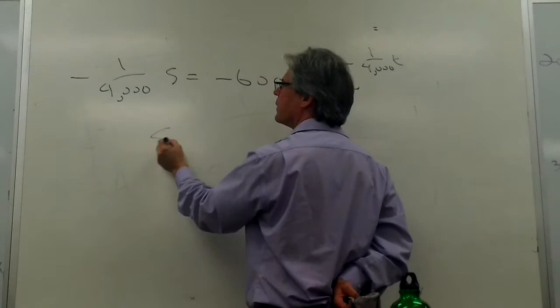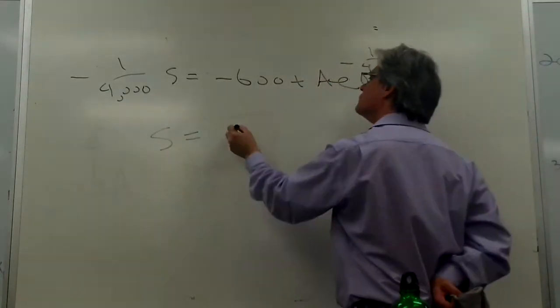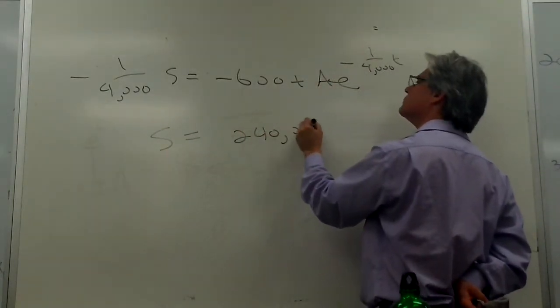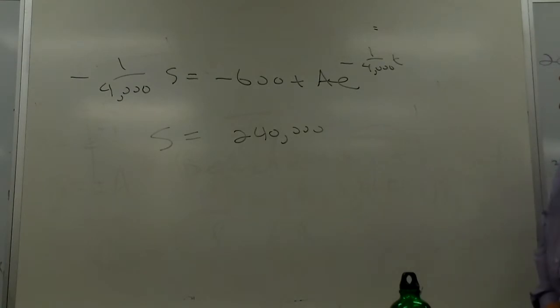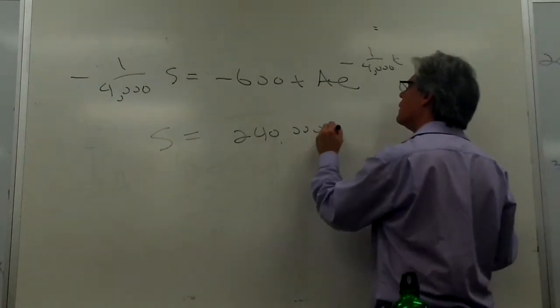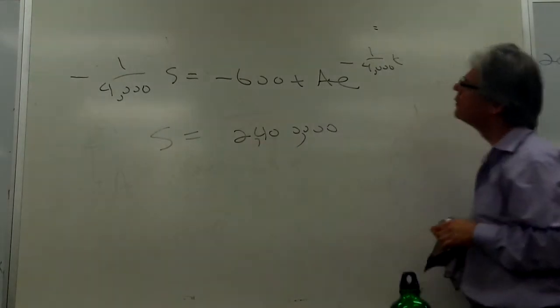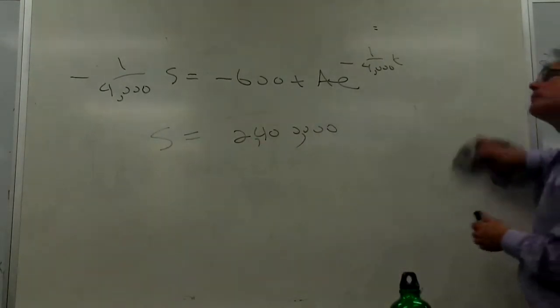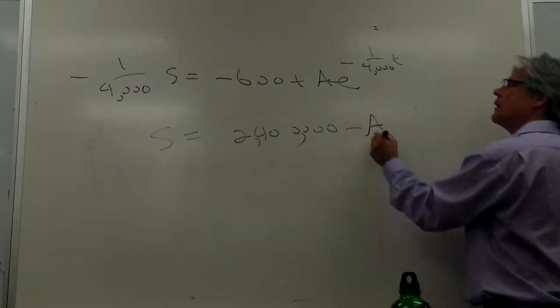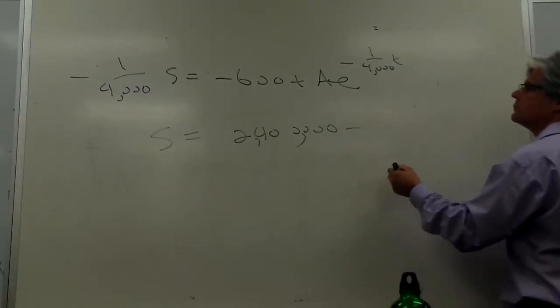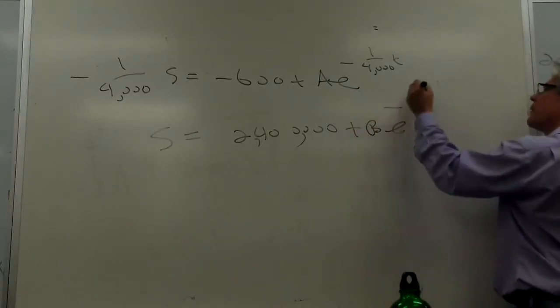I'll multiply both sides by negative 4,000. Okay, you guys, it's time for me to slow down again. I think I'm missing a 0. Yeah, that's better. Is that minus A or plus B times e to the power?